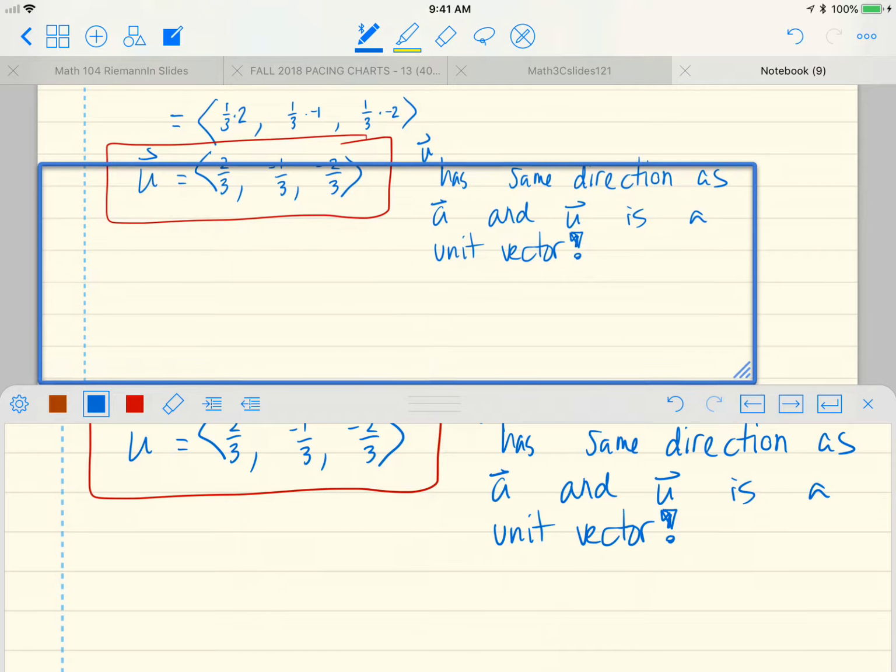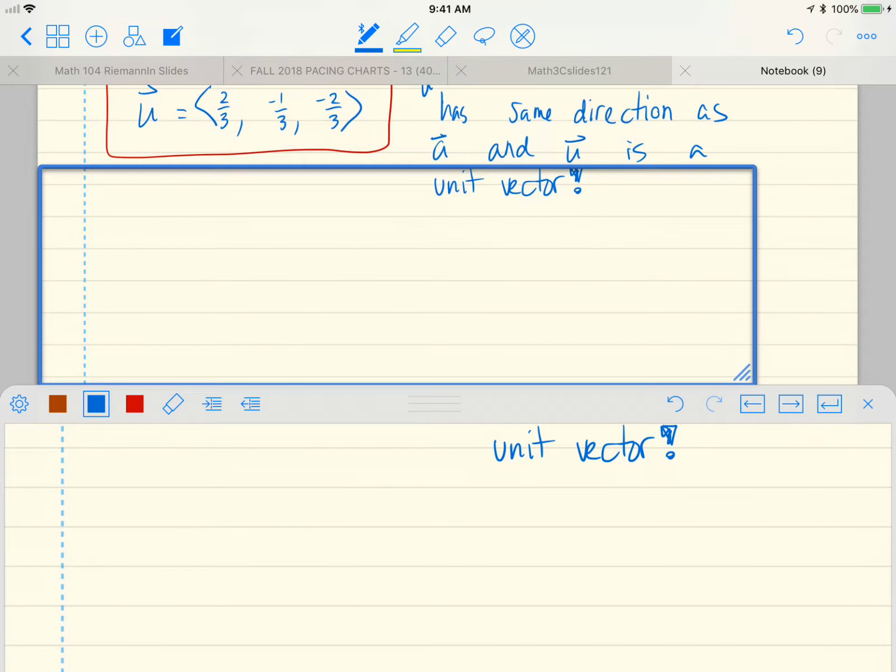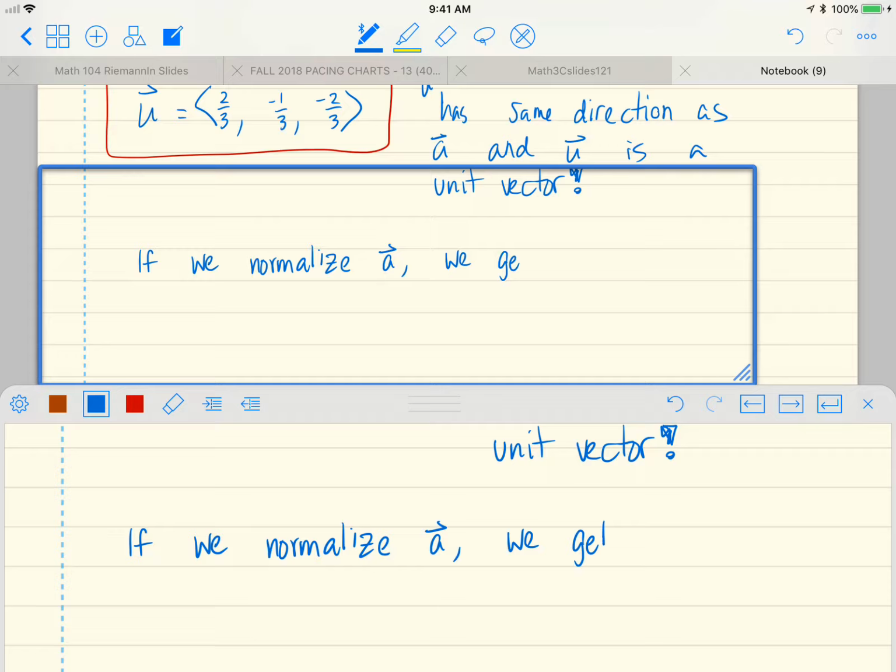Okay, so what we would say is that if we normalize A, we get u. Okay, that's a concrete way to say it.